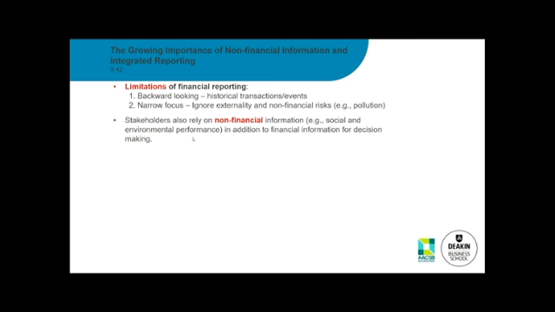Some organisations do take into consideration non-financial information, such as the social and environmental performance, but they are few and far between, because it's all very well to say you want to include that, but that creates its own problems. How do you measure the social performance?